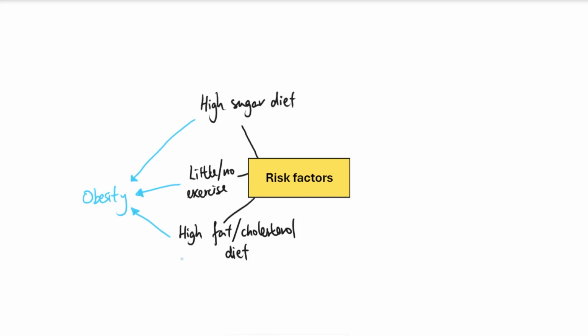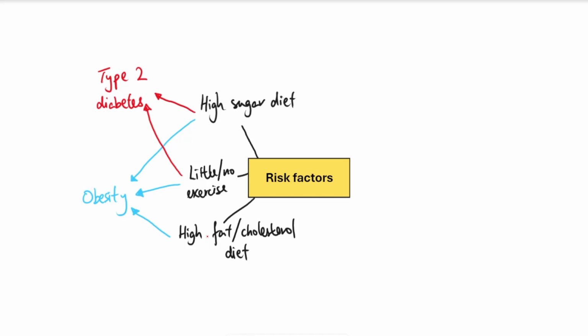We're now going to look at the types of non-communicable diseases that they could cause. First, considering a high sugar diet and little to no exercise, they are both risk factors for type 2 diabetes. You will learn more about diabetes in the homeostasis and hormonal control chapter later on.